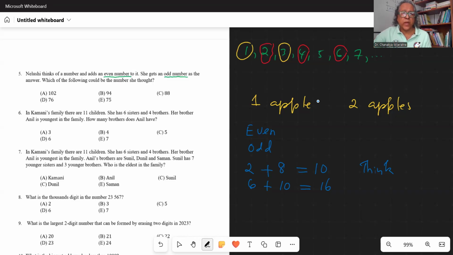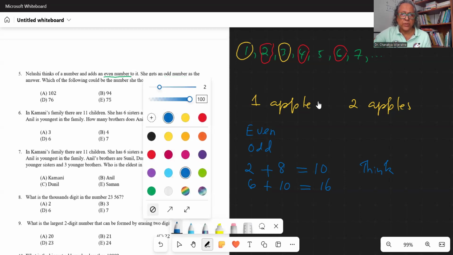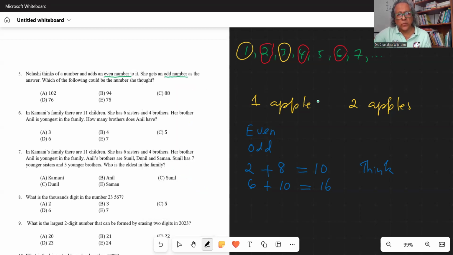And what happens when we add two odd numbers? Let's say we add 5 to 7. We get 12. 12 is an even number. And we add 9 to 7. We get 16. Now, is it always true that when we add two odd numbers, we get an even number?